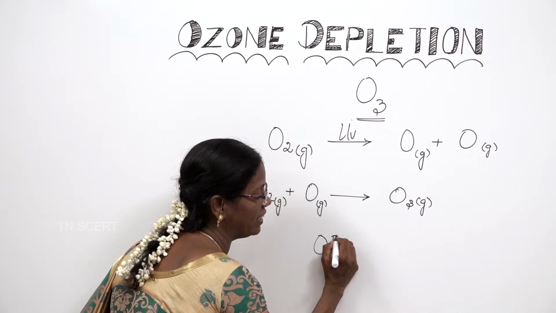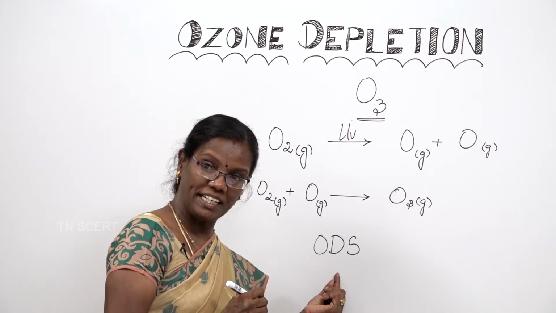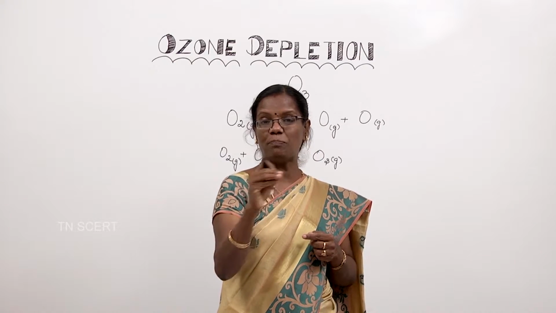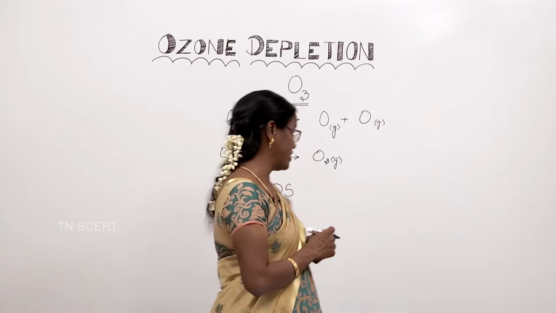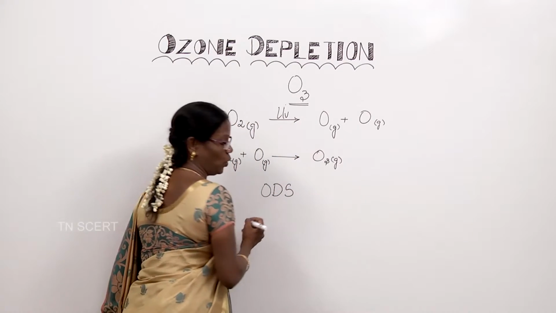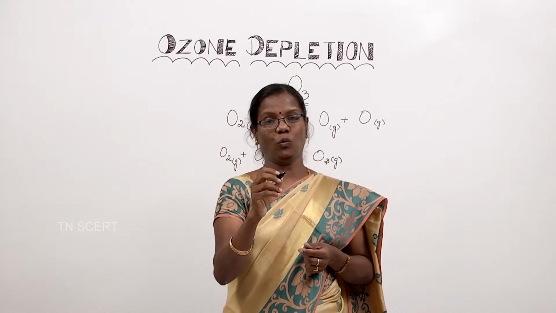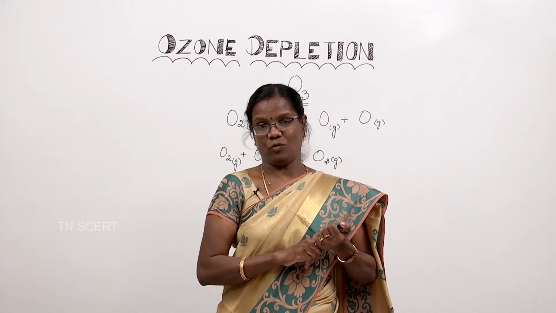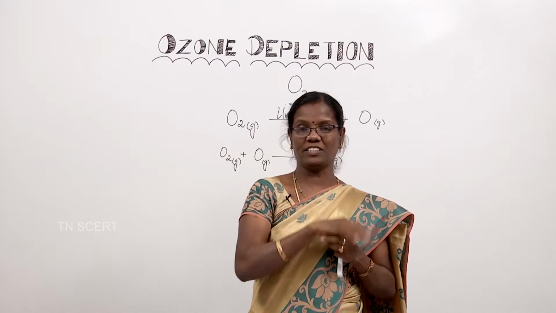They are simply termed as ODS, ozone depleting substances, and the process of depletion of ozone layer in the stratosphere is called stratospheric ozone depletion. What is it? Stratospheric ozone depletion.